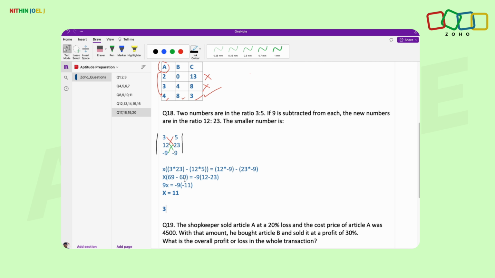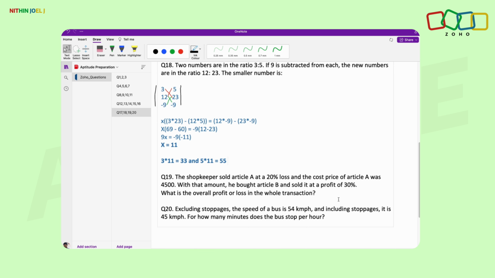So 3 into 11 is equal to 33, and 5 into 11 is equal to 55. So these are the numbers for the ratio 3:5. When 9 is subtracted, we get the new ratio of 12:23. So the smallest number is 33, and the other is 55.